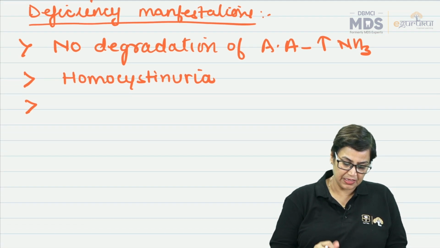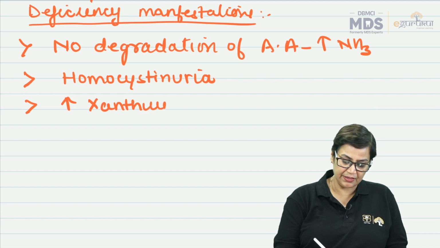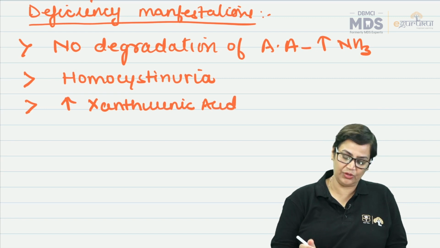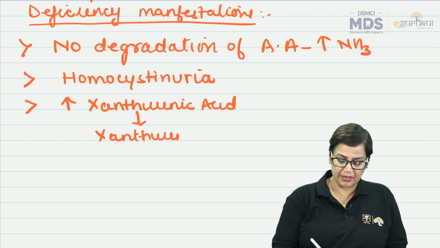Then excretion of xanthurenic acid will be there, leading to xanthurenic aciduria.